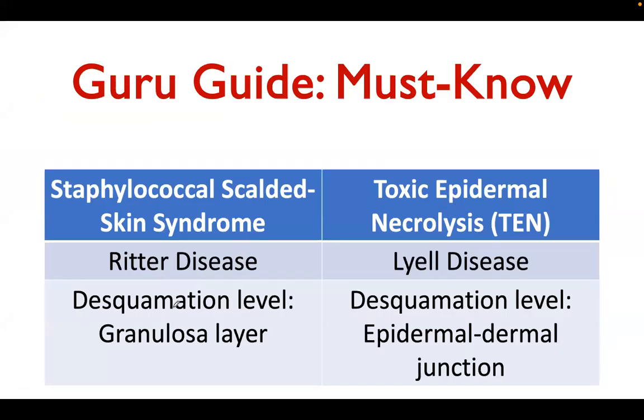Now, I made a table here to compare an entry from your morphology boxes in Robbins pathology. In the left column, we have SSSS. In the other column, we have toxic epidermal necrolysis. Ritter's disease is the most severe form of SSSS. Toxic epidermal necrolysis is also known as Lyell's disease.